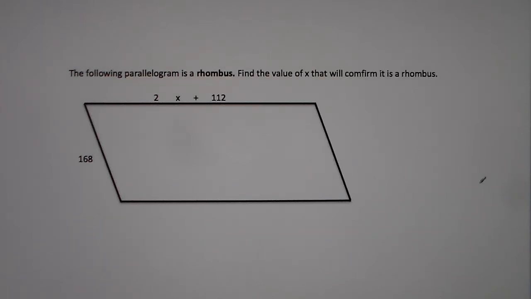Alright, let's look at this one. The following parallelogram is a rhombus. So we're being told that it is a rhombus. That means this side and this side are the same lengths. Find the value of x that will confirm that it's a rhombus. Well, since they're the same length, that means they are equal to each other. So it'll be 2x plus 112 is equal to 168.